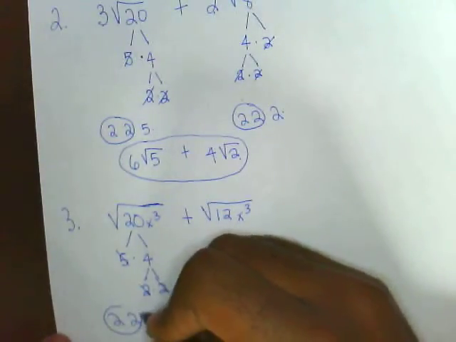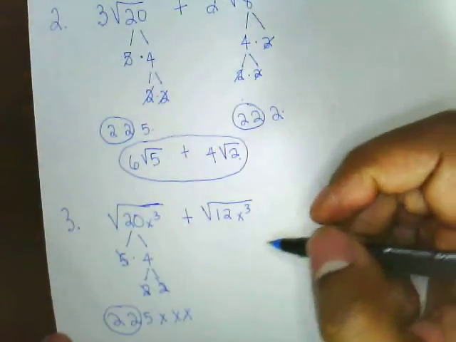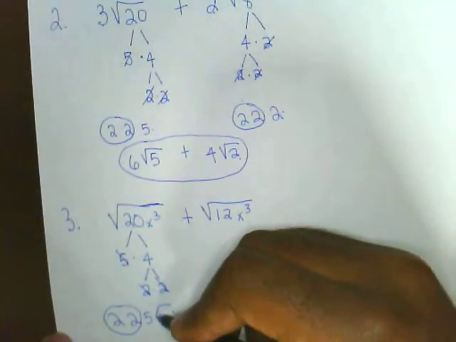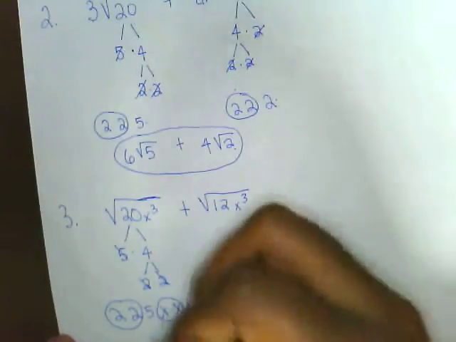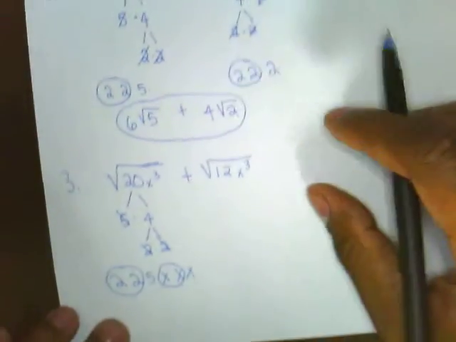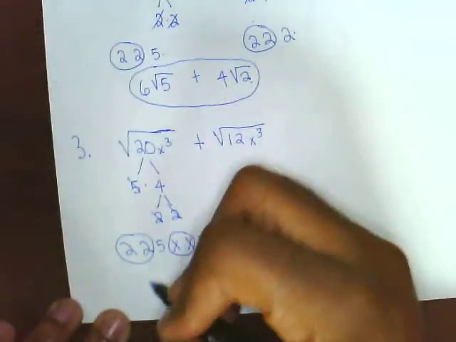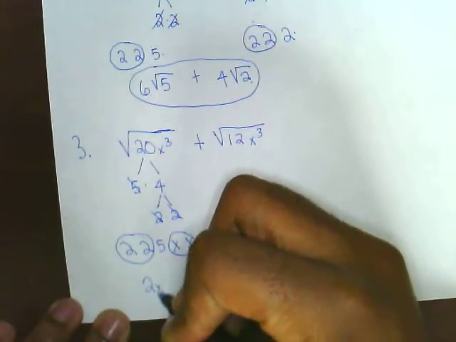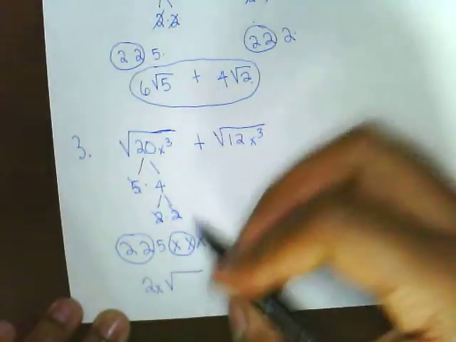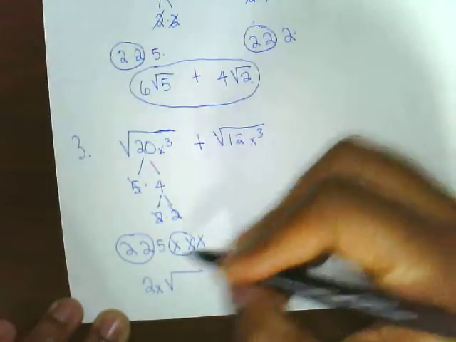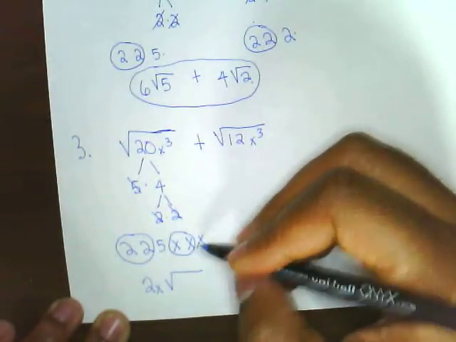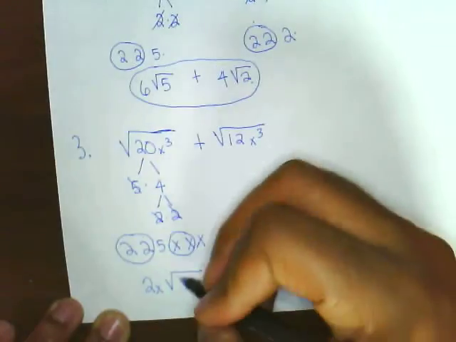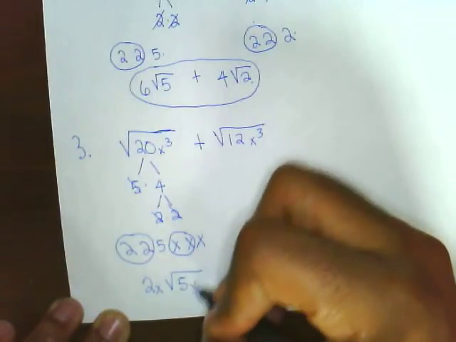We got a 2 that goes on the outside of the radical, and we also have a pair of x. 2 times x is 2x. And all that's left is a 5 and an x. You also multiply. Whenever you have more than one thing left on the inside, you multiply it. 5 times x is 5x.